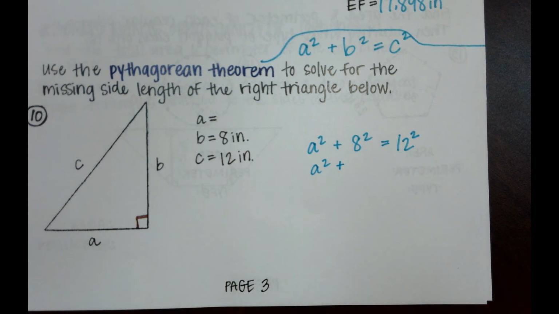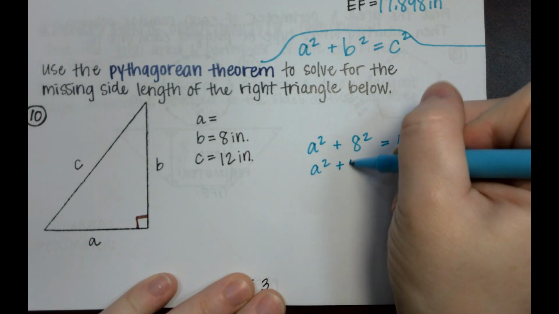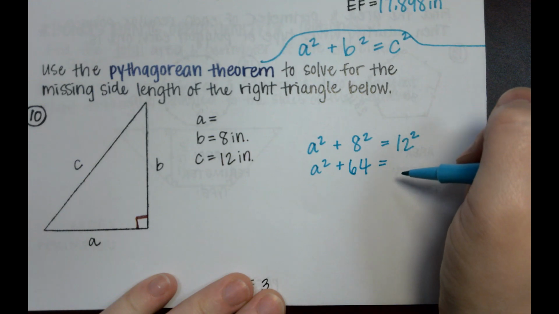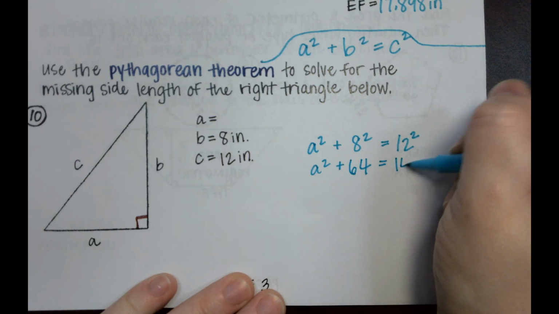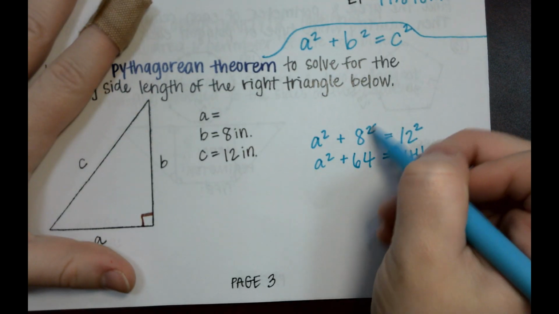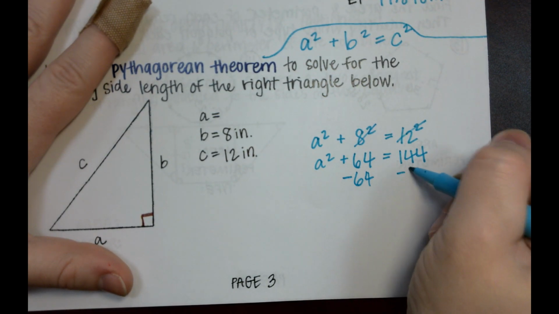So 8 squared is 64, and 12 squared is 144. Awesome. And then we subtract the 64 on both sides.